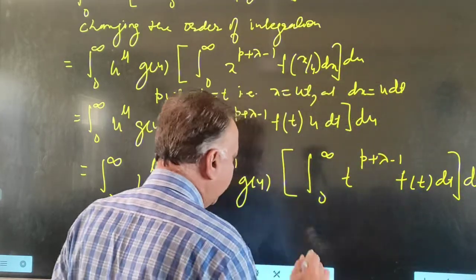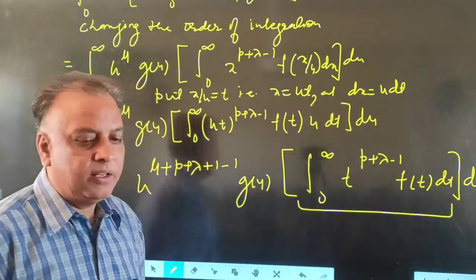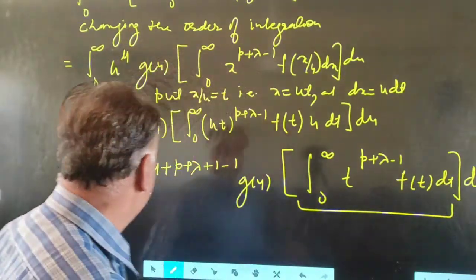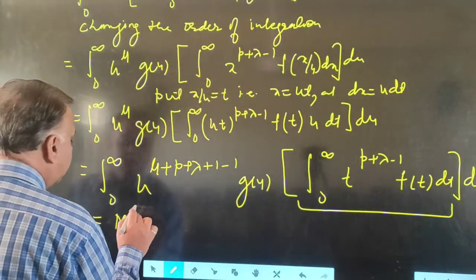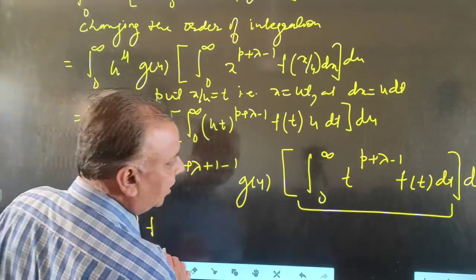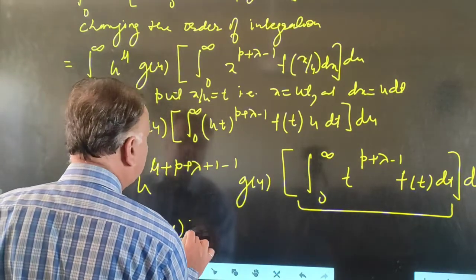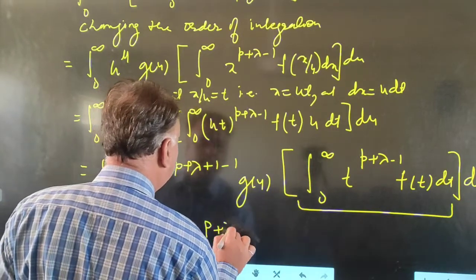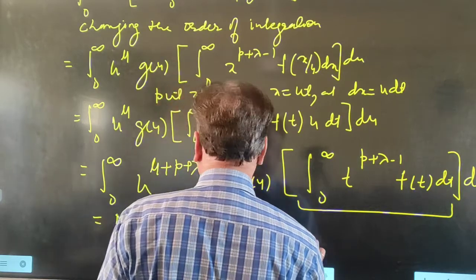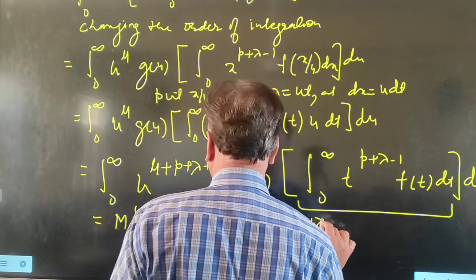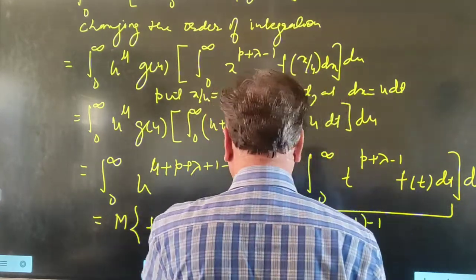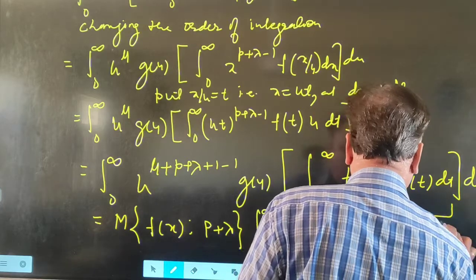As we see, the integral in the parenthesis is the Mellin transform of the function f(x). So we get the Mellin transform of f(x) with respect to parameter p plus lambda, multiplied by integral 0 to infinity u raised to mu plus lambda plus p plus 1 minus 1 into g of u du.